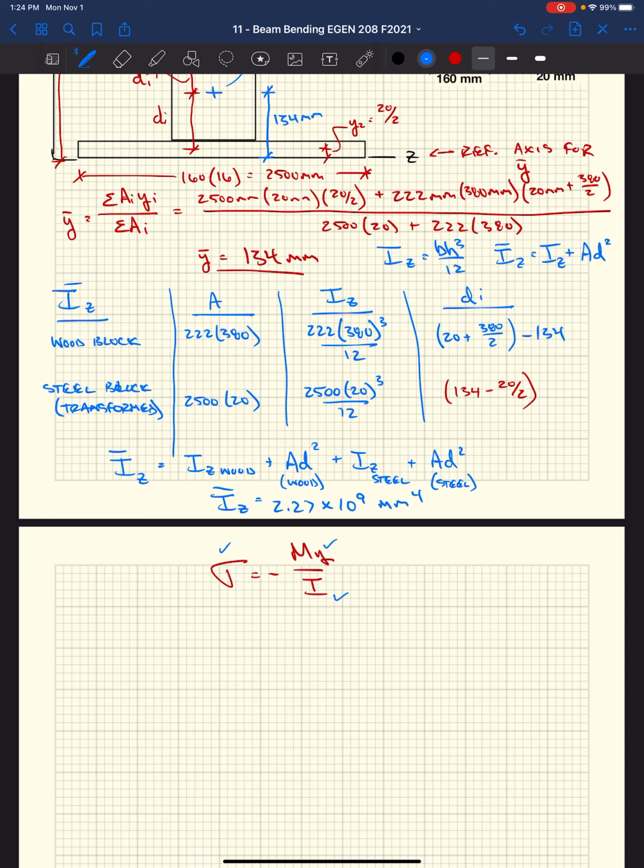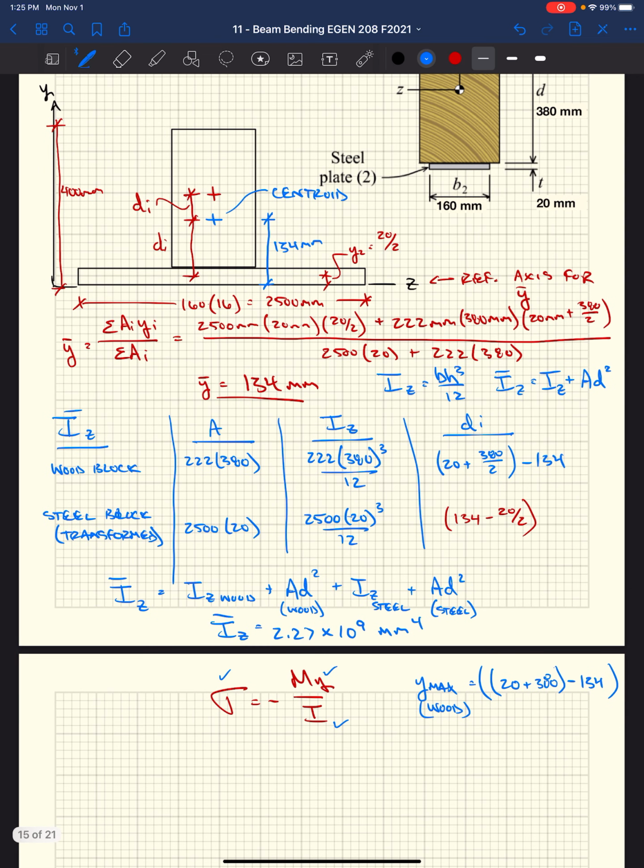So if we looked at our y max for the wood, well, that's going to be our total beam depth minus the distance to the centroid, right?